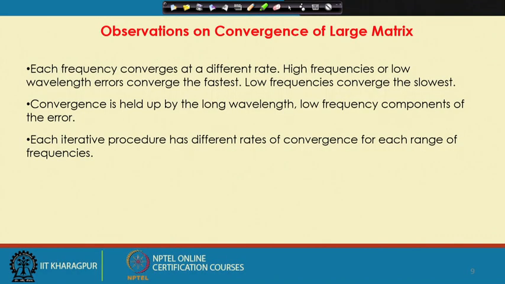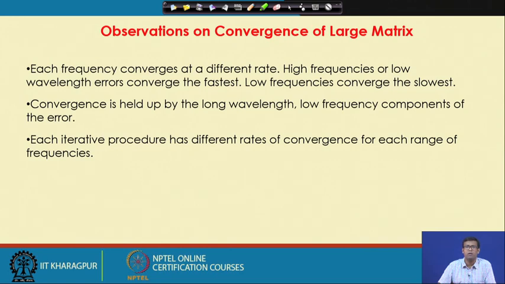So, the large wavelength, low frequency component of the error is the bottleneck in getting the solution, and that is what creates a very slow convergence pattern at the 10 to the power minus 8 level, because it is trying to smooth the solution across a large number of grid points, fitting a very low amplitude but large wavelength error. Each iterative procedure has different rates of convergence for each range of frequencies.